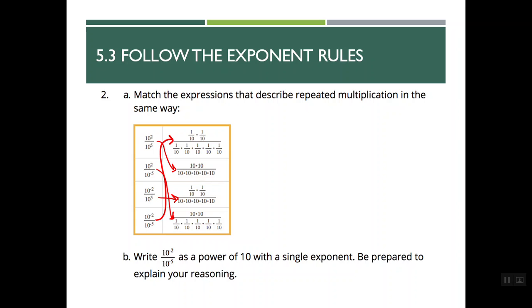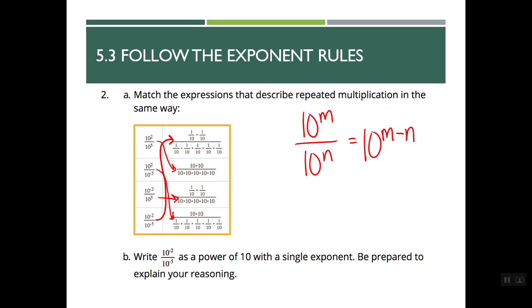So write 10 to the negative second over 10 to the negative fifth as a single exponent. So what did our rules say before? If we have 10 to the m over 10 to the n, we subtract m minus n. That's not going to be any different here, but you have to be careful because we're working with negatives.